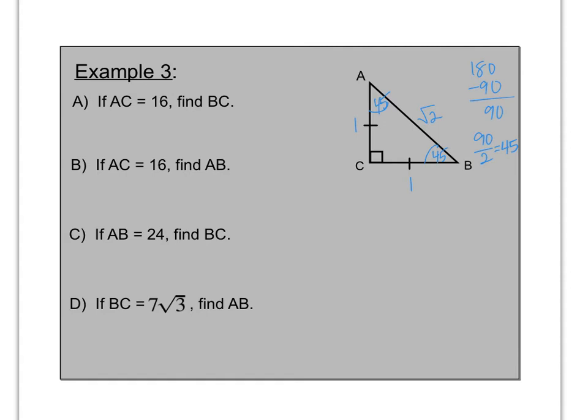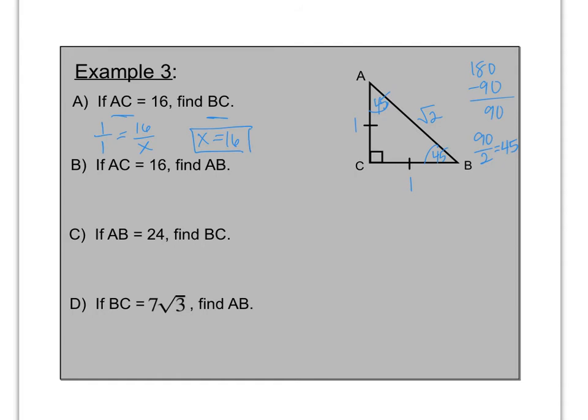Okay, so in this case, we're working with AC and BC. Now, AC and BC have a ratio of 1 to 1. So if AC is 16 and you have to find BC, you could set up a proportion. If you cross multiply, you get x equals 16, which makes sense because they should be the same size.